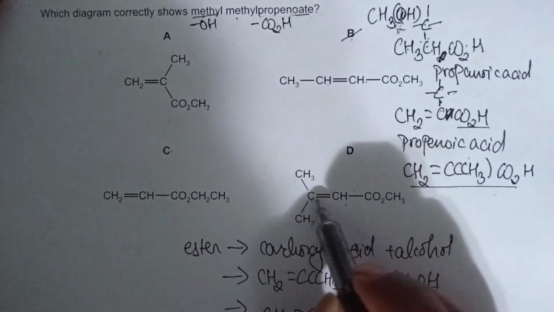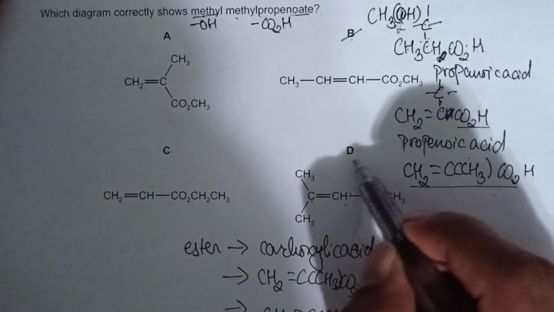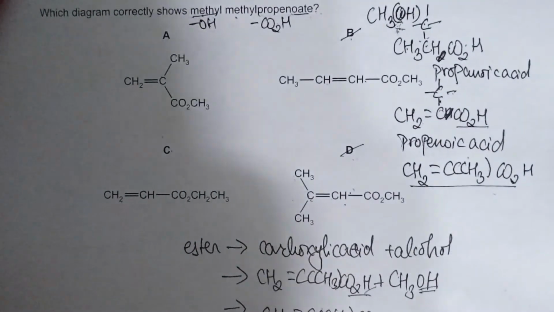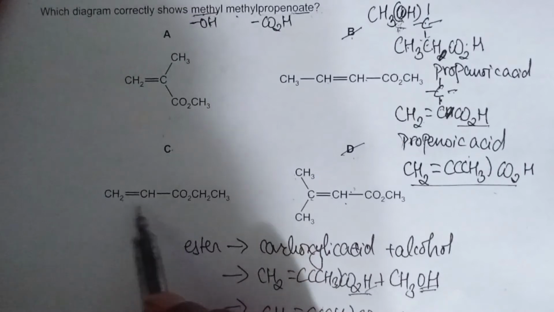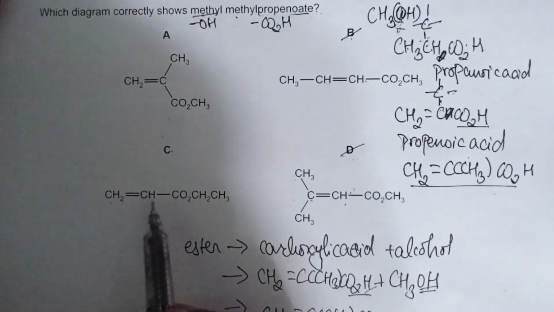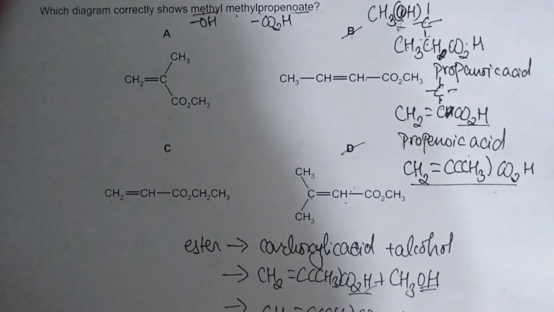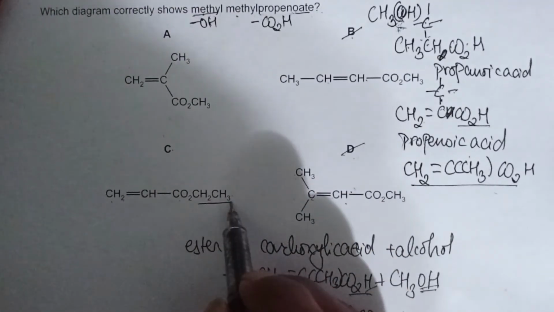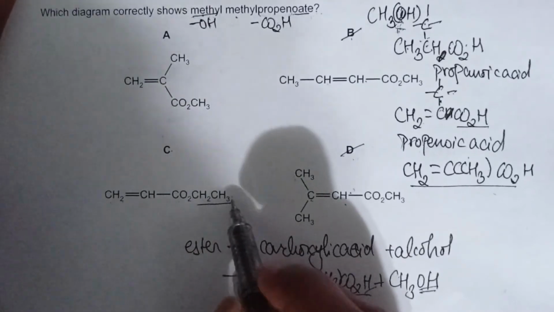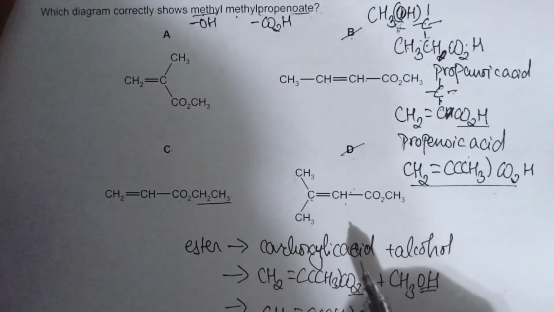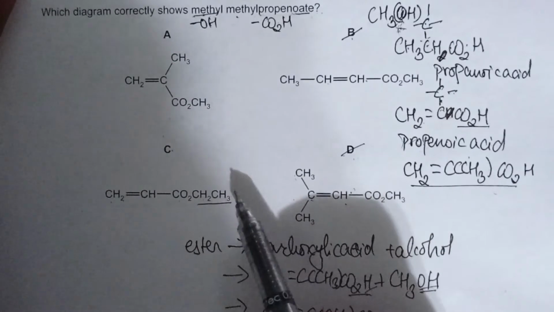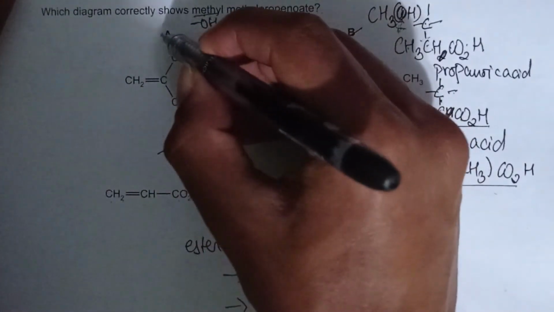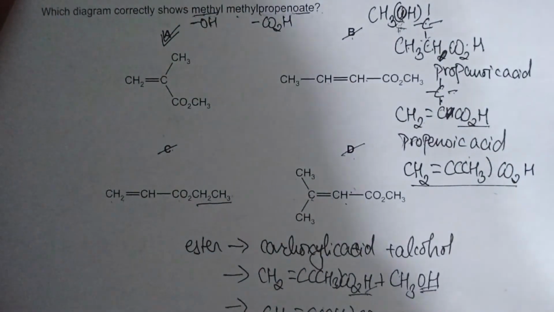So we are down to options A and C. Option C has CH2 and CH, so far so good, then CO2CH2CH3, but we should only have CO2CH3, because our alcohol is methanol, which does not have 2 carbon atoms. We rule out C. Option A is our correct answer, but let's still verify it.